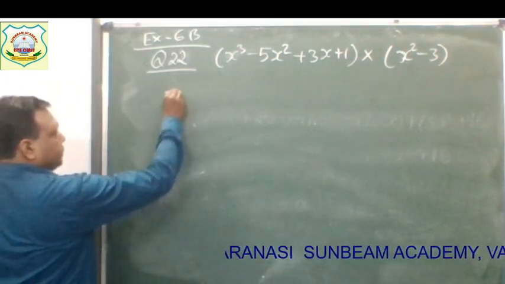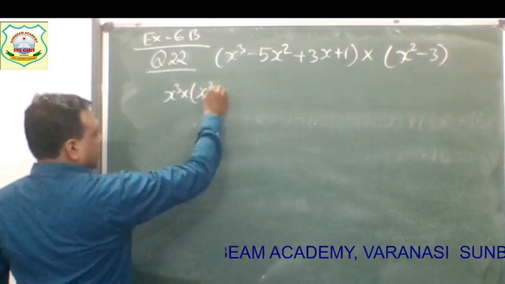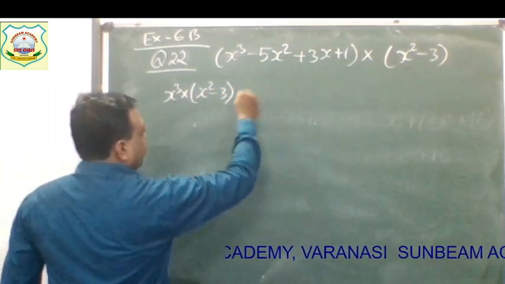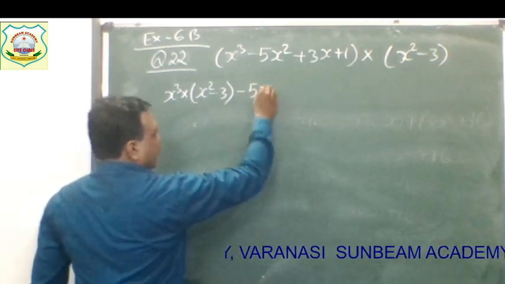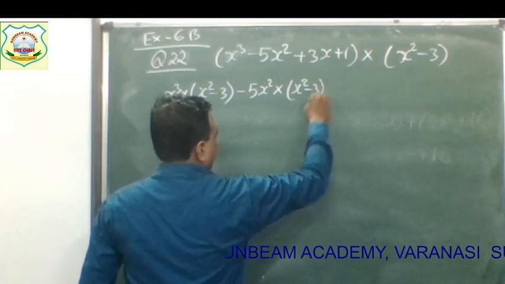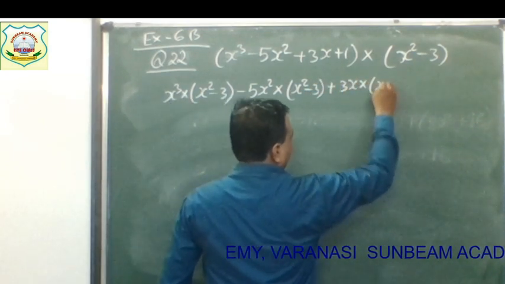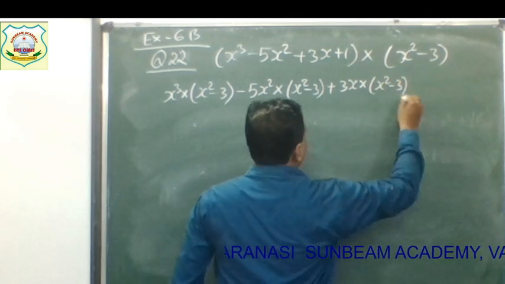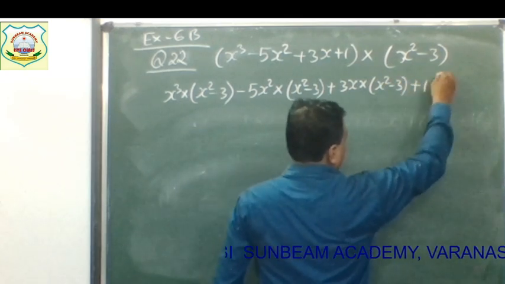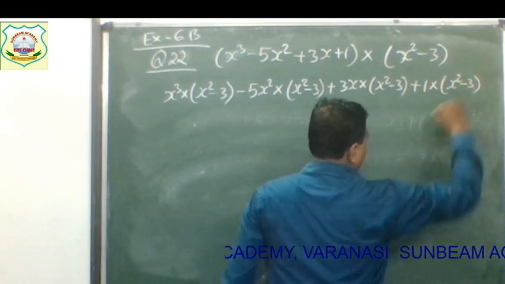x cube multiply x square minus 3, minus 5x square multiply x square minus 3, plus 3x multiply x square minus 3, plus 1 multiply x square minus 3.